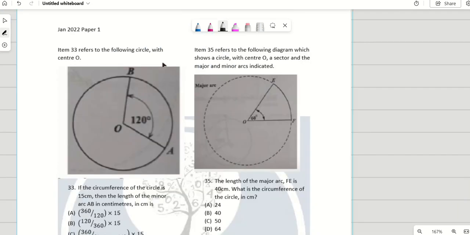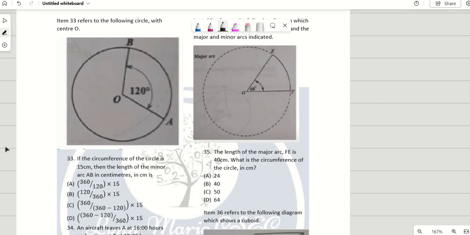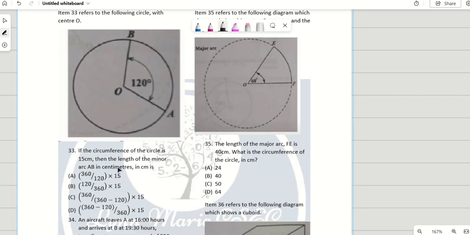Item 23 refers to a circle with center O. If the circumference of the circle is 15, then the length of the minor arc AB is, so the minor arc is 120. So we know the circumference is 15.